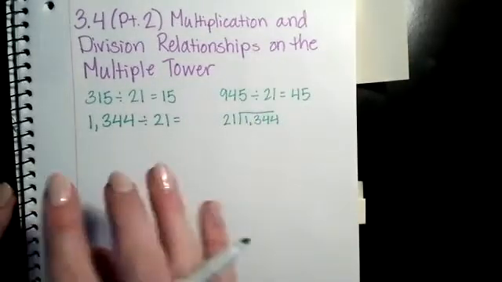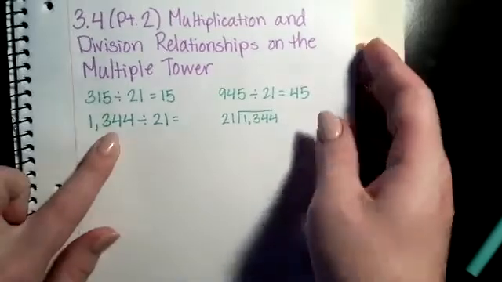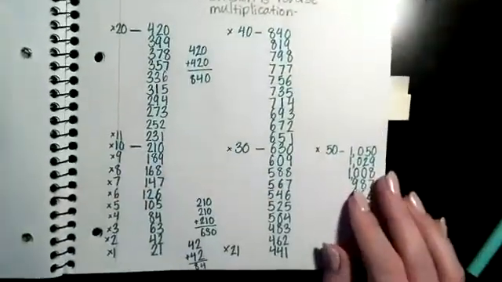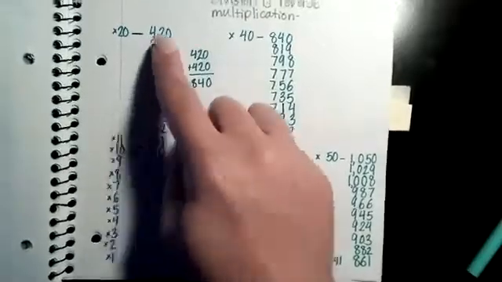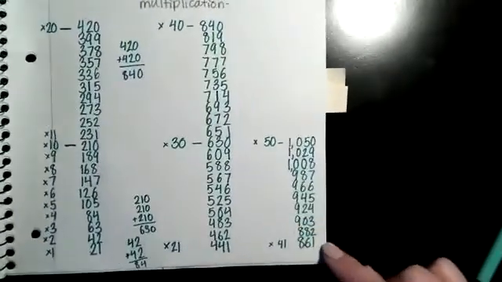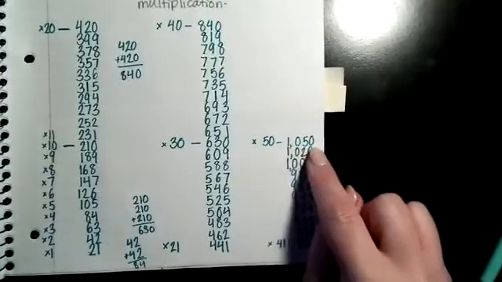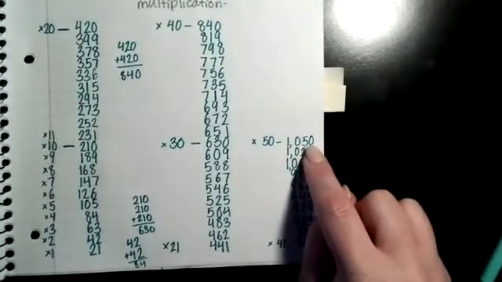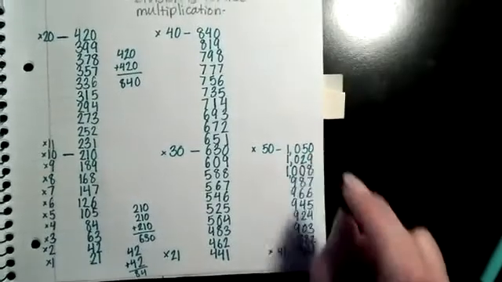Okay, either way, let's look at our multiple tower, and I'm looking for the number 1,344. All right, so I started here, went all the way up to 420, up here to 840, and on my last row, I got up to 1,050, and that's where I stopped, okay?